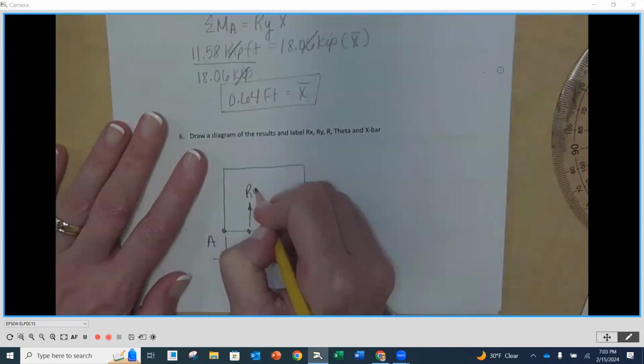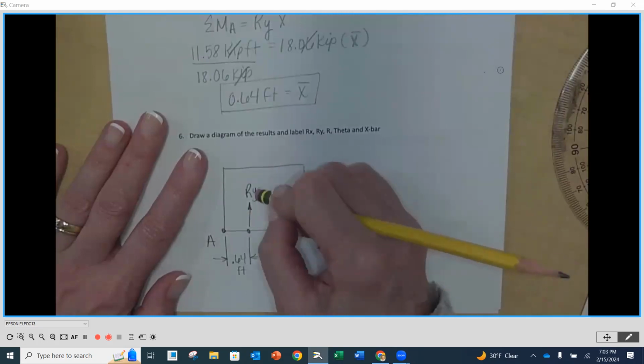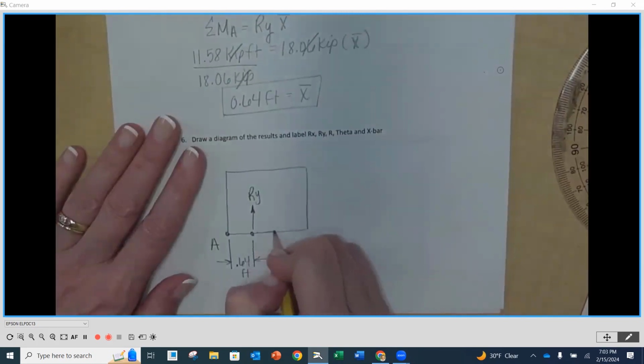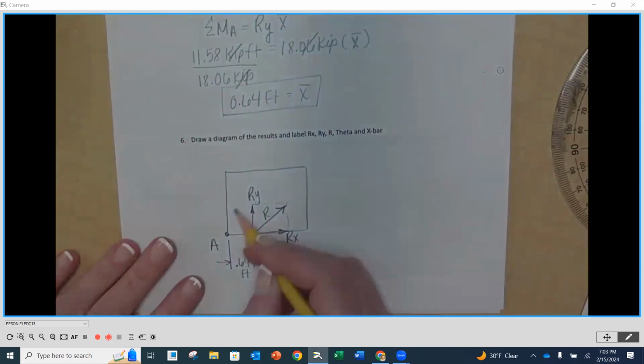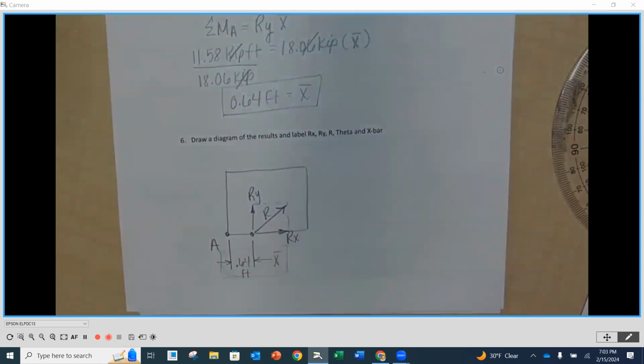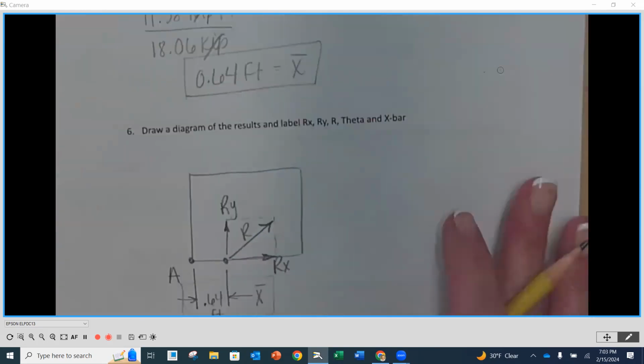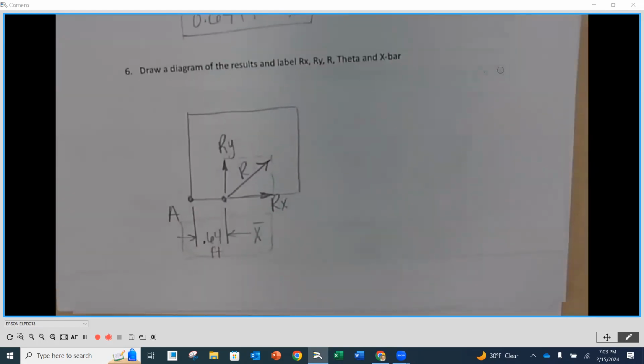This would be our RY. You don't necessarily have to put all the labels, just label them with their variables, RX and R, which is totally fine. But I want to make sure that I know that you know where your resultant would be located using that X bar distance. Does that make sense to everybody?